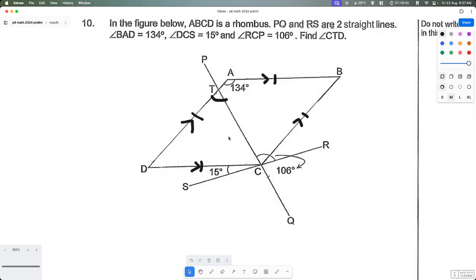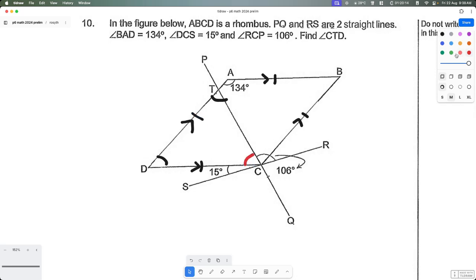Okay, so how do you find CTD? So we know that a rhombus has, in this case, equal sides, but it's not this side over here, it's this side. So don't get confused. So to get CTD, what we need is basically this angle and then this angle, right?